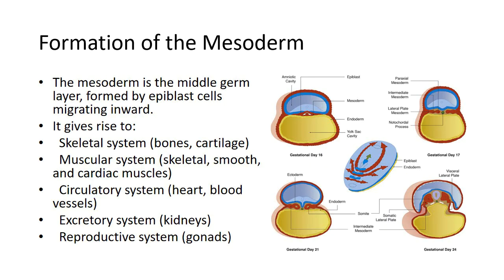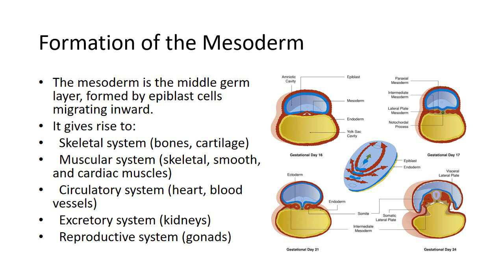3. Formation of the mesoderm. The mesoderm is the middle germ layer and gives rise to many important structures, including the musculoskeletal system, circulatory system, and kidneys.